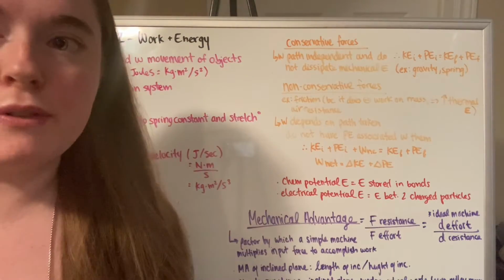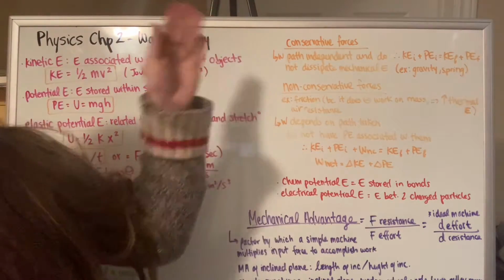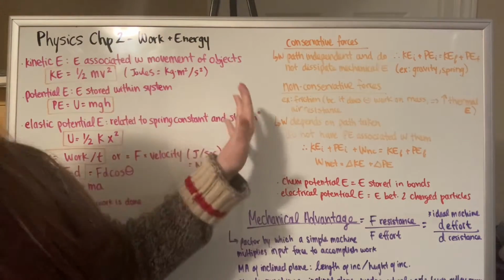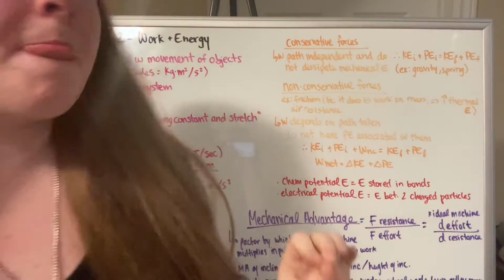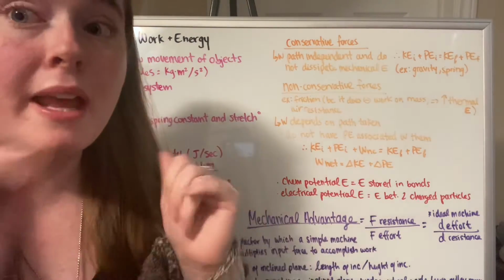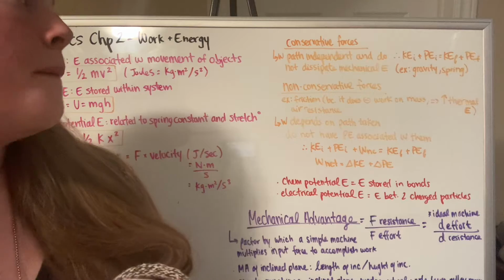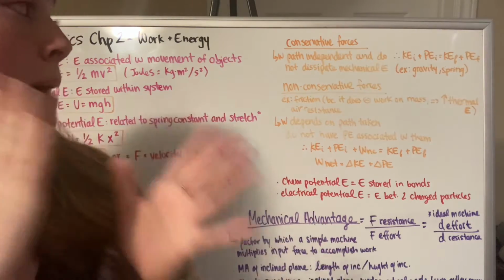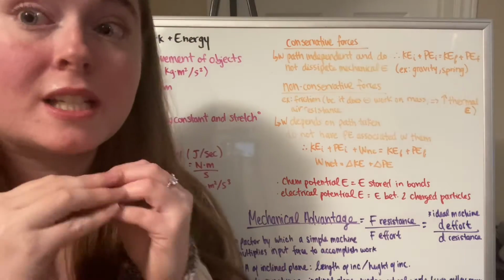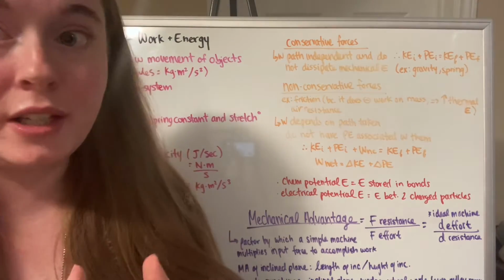Okay, so let's move on here to conservative forces and non-conservative forces. So we have conservative forces, which is when work is path independent, and the work does not dissipate any mechanical energy.